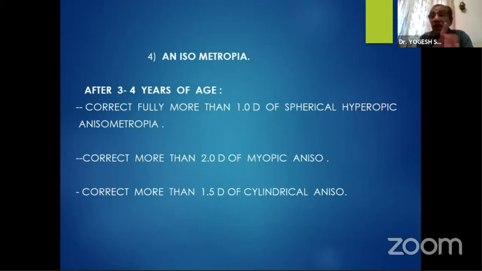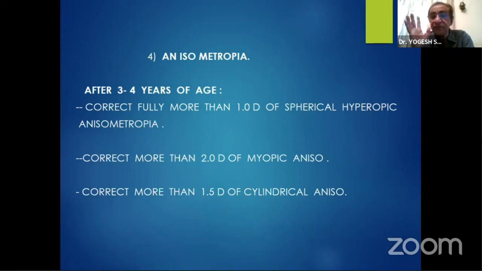So any hypermetropic anisometropia of more than 1 diopter after 4 years of age. Okay, 3, because if the patient comes to you early, it is 3 years of age. After 3 years, correct it fully. Myopia of more than 2 diopters, correct fully, and astigmatism of more than 1.5. So hyperopia 1, astigmatism 1.5, and myopia 2. If they persist after 4 years of age, they need correction and management and treatment.